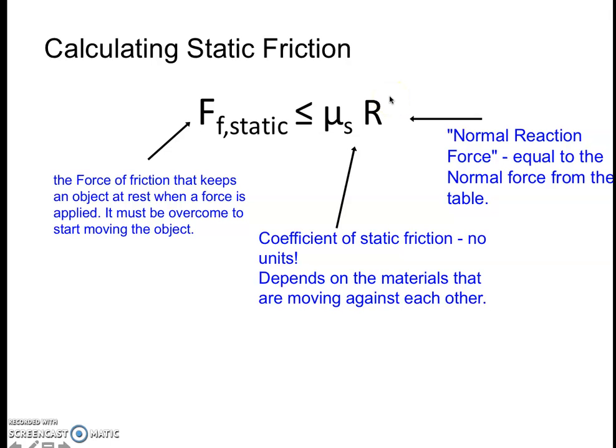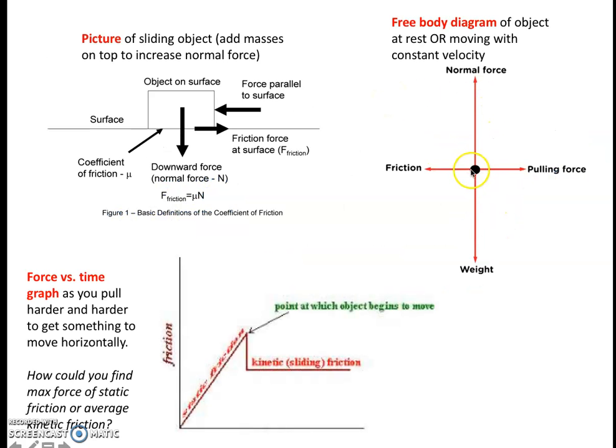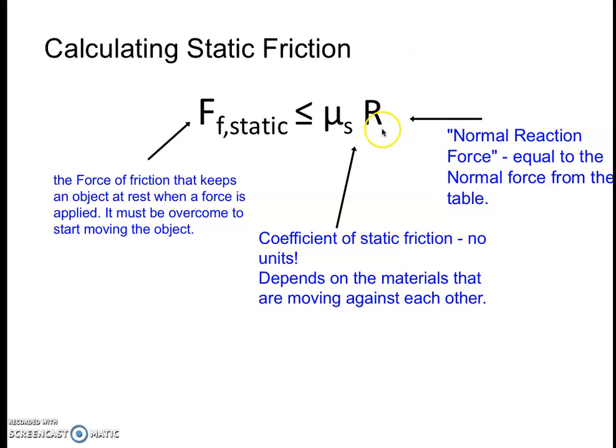You can usually calculate that in a free body diagram. Since you know the object isn't falling through a surface or flying off it, that means its weight and normal force are often, not always, but often equal to each other. This static friction force is a little bit funky looking because it's an inequality.